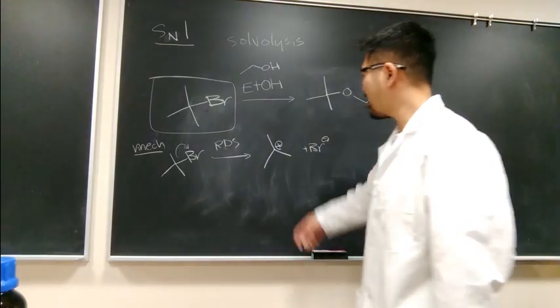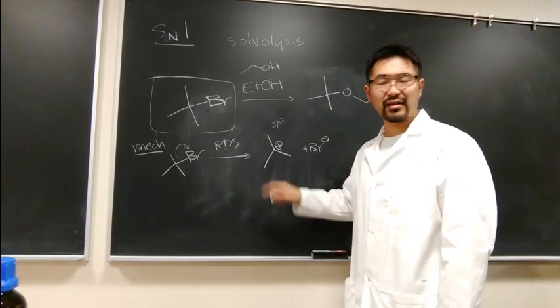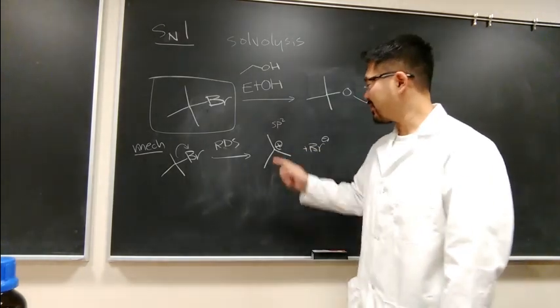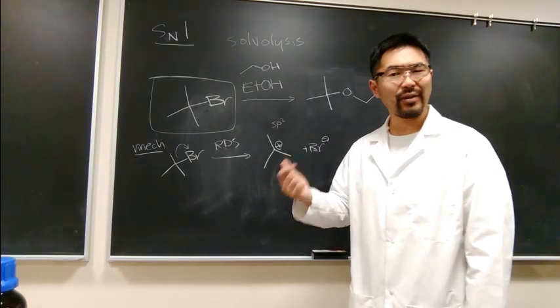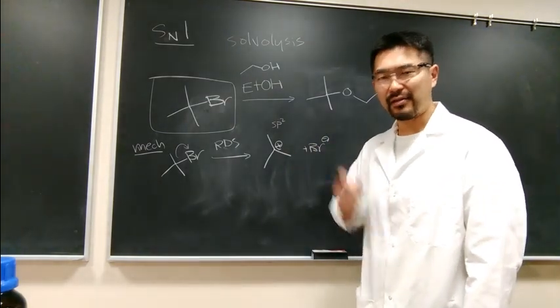But now we have an sp2 hybridized, trigonal planar, flat species, and it's very reactive because it's a carbocation, which is unstable, as you remember.